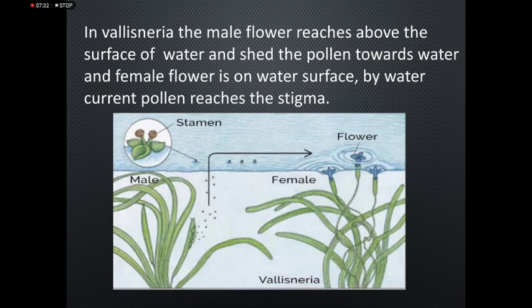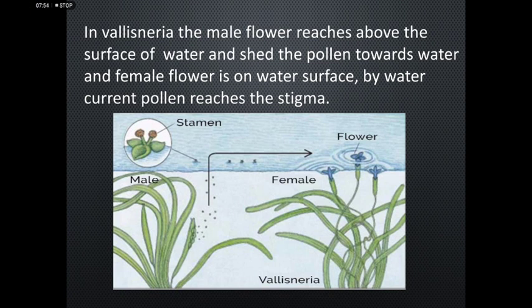In Vallisneria, the male flower reaches above the surface of water and sheds the pollen towards water, and the female flower is on the water surface. By water current, pollen reaches the stigma.